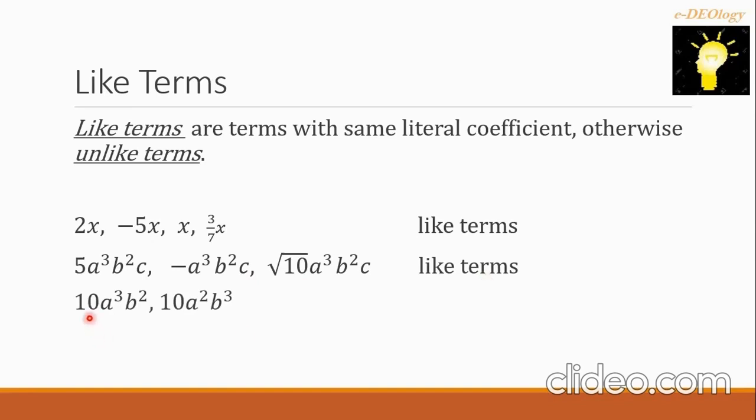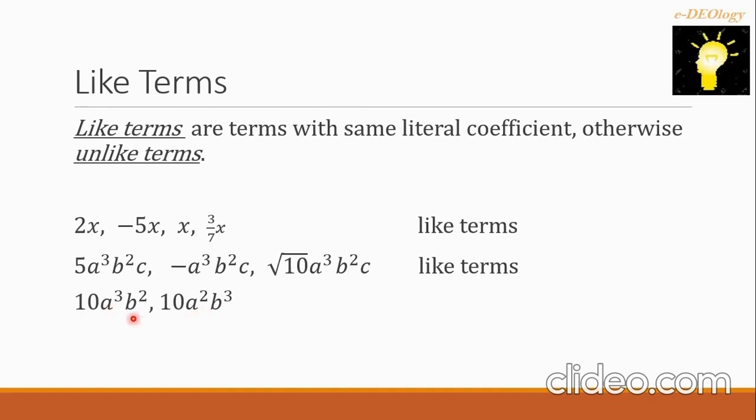Third example, 10a cubed b squared. Second is 10a squared b cubed. Here, they have the same variables a and b. However, the exponents are different. In the first term, the power of a is 3. In the second term, the power of a is 2.